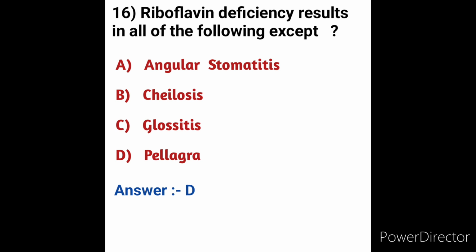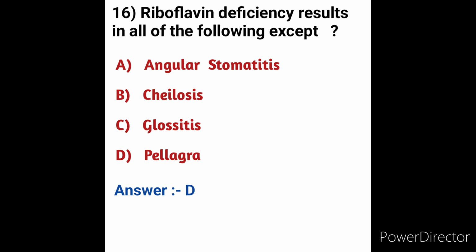Here option D is the correct answer, pellagra. Pellagra is the exception among the conditions of riboflavin deficiency. Riboflavin is also called vitamin B2. Okay friends, pellagra is a disease caused by the lack of niacin, that means vitamin B3 deficiency is pellagra.